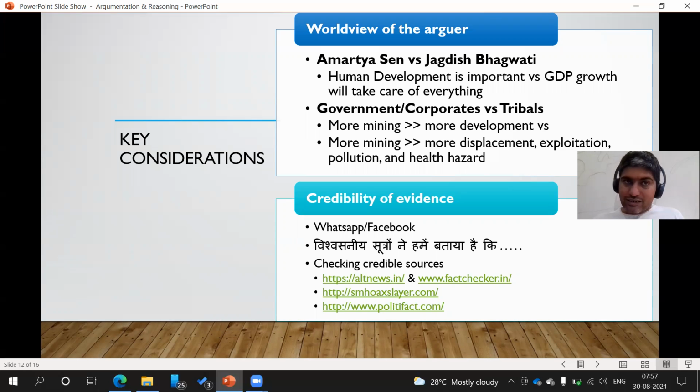Now, is that something we can trust? A good newspaper will often be right, and oftentimes they are true, but not necessarily. You need to check credible sources through websites like Boom News or FactChecker.in, Hoaxslayer, or PolitiFact. There are these websites which check the facts of widely circulated messages or news articles.